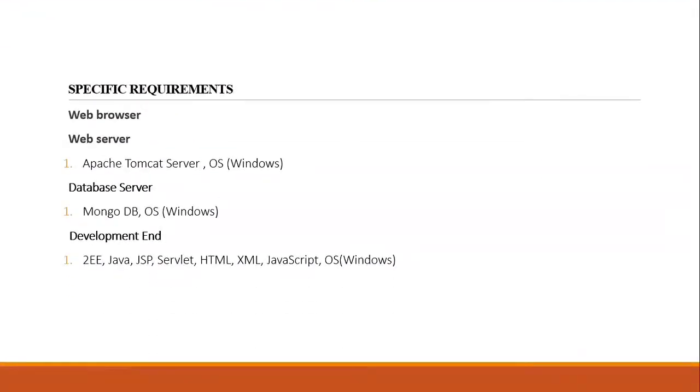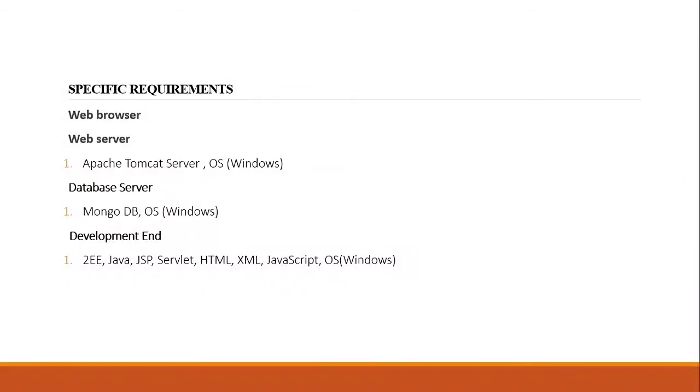To create this project, we will need some requirements. First, a web browser like Chrome, Mozilla Firefox, or Internet Explorer. Then we need a web server like Apache Tomcat, and an operating system, Windows or Linux.